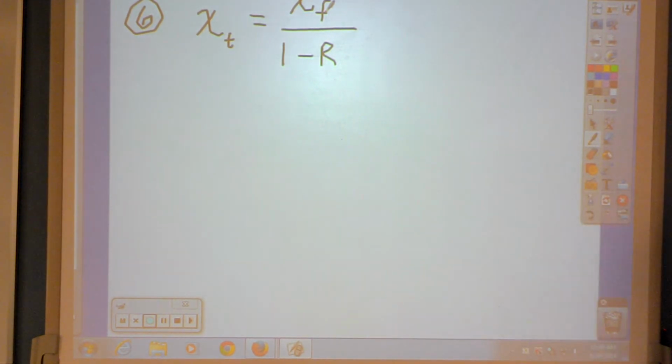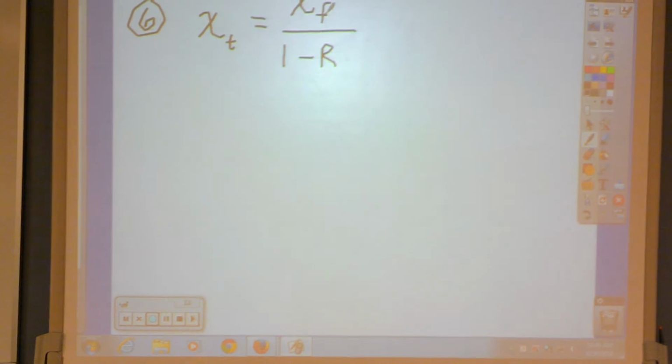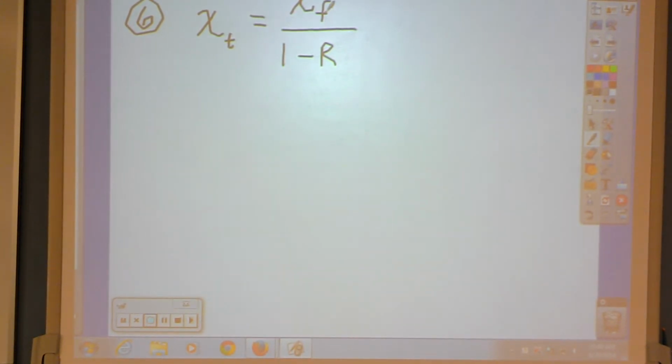Now, I'm not gonna tell you what to solve for, because you don't need to worry about that right now. You need to get rid of the fraction. So multiply both sides by what? 1 minus r.